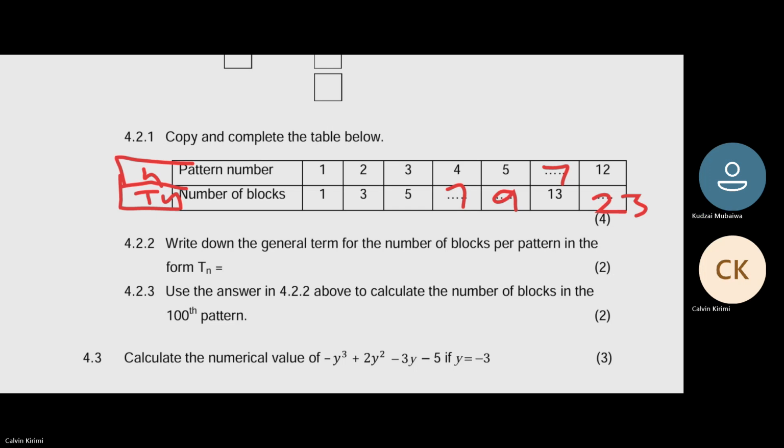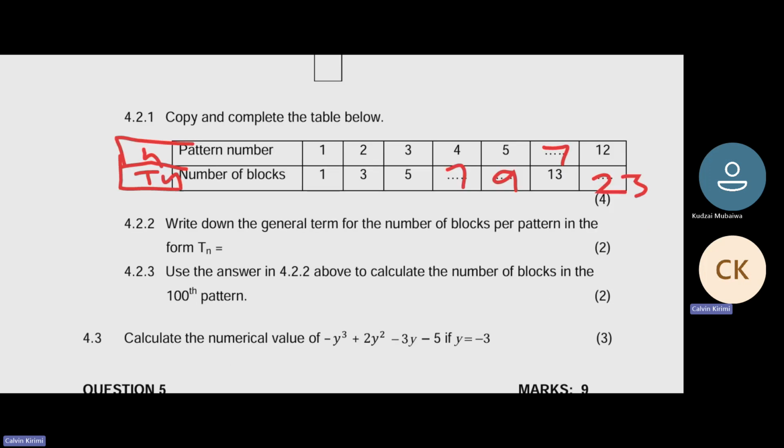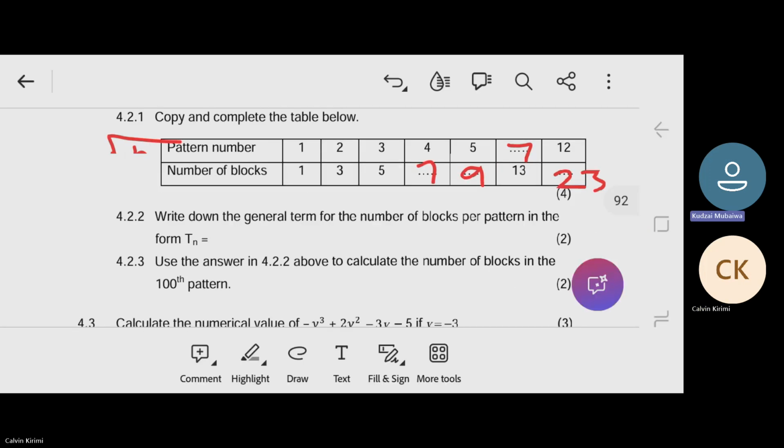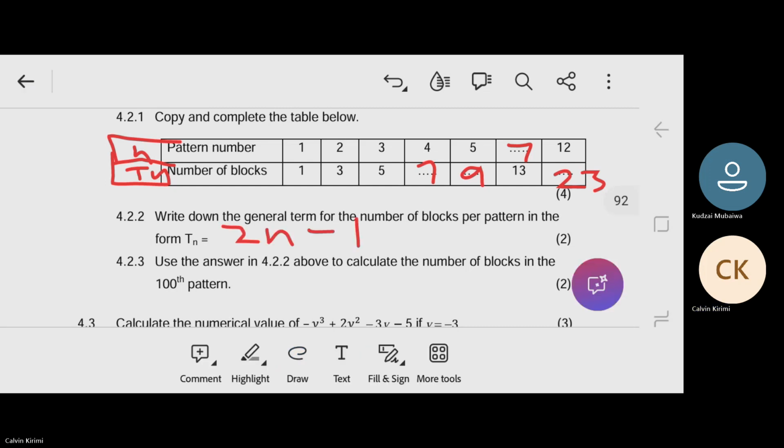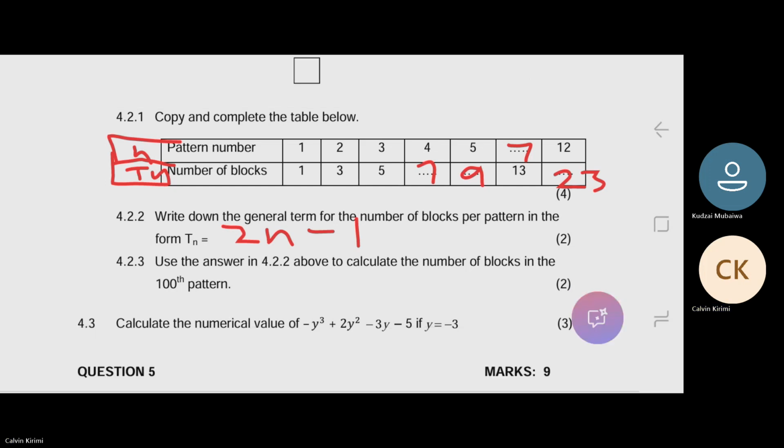Yes, sir. All right, Tn is equal to 2n minus 1. It's correct. Everything is correct. So do number 4.23. Yes, sir.